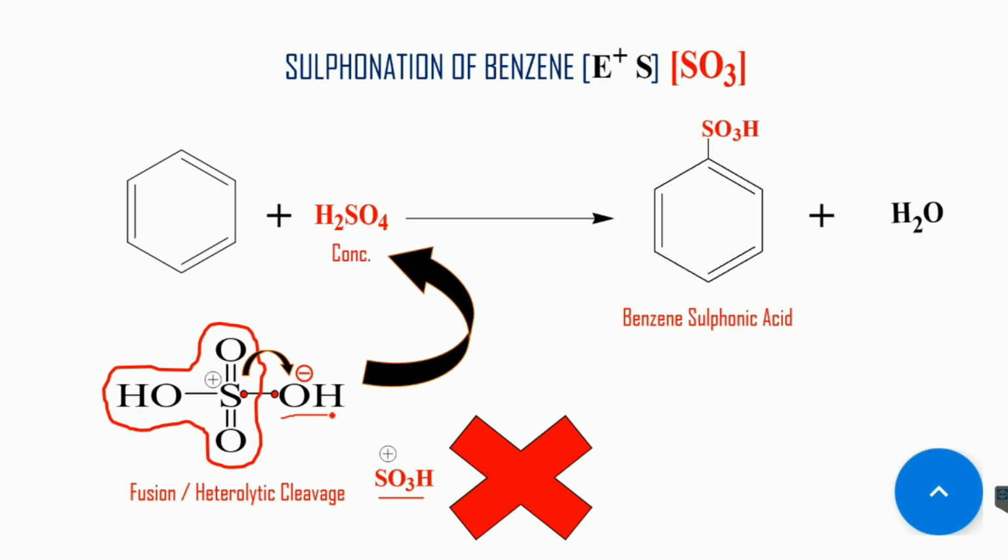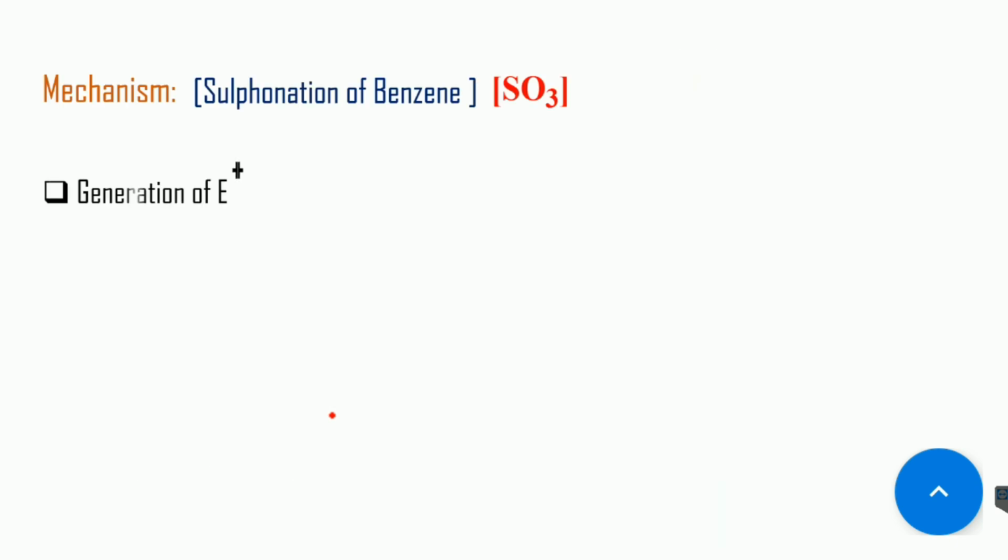Now you have to see how SO3 is prepared and how dissociation will occur in H2SO4, that is our sulfuric acid. For that we go for its mechanism. So the first point for the mechanism is generation of the electrophile.